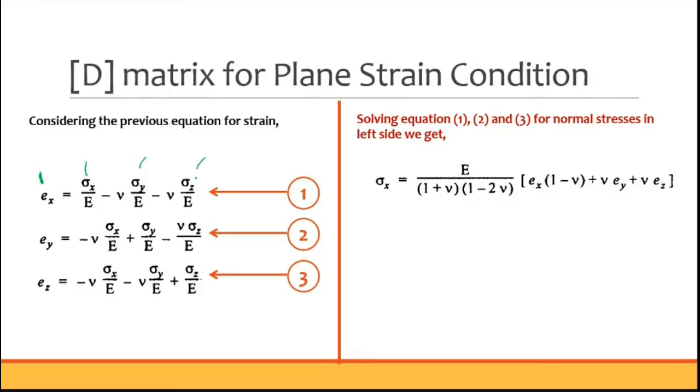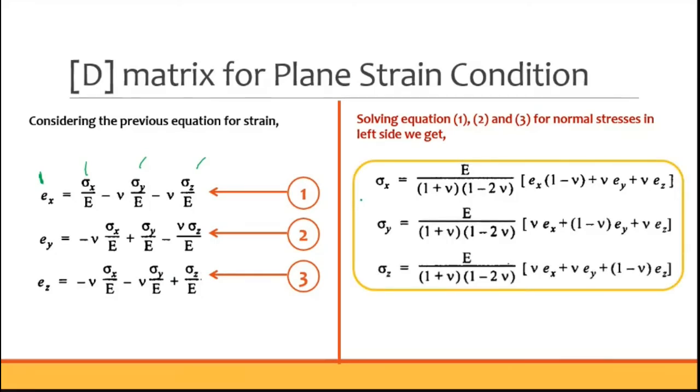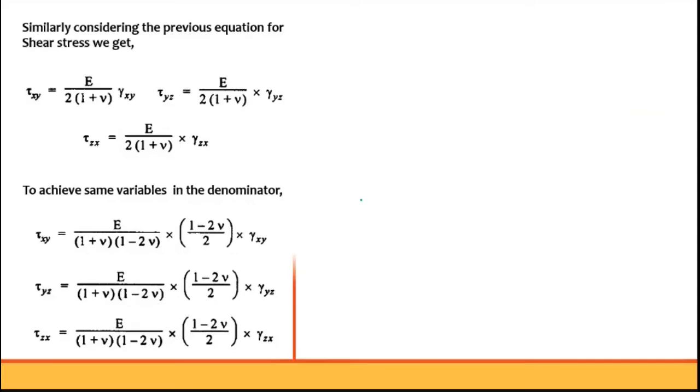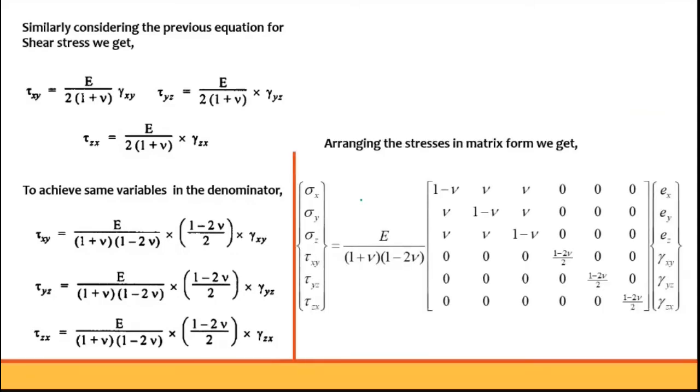When you equate all these three, I can identify what sigma x, sigma y, and sigma z are. So we will identify those, then write it as an equation. You will get an overall equation like this. No need to worry about it, just look at it.